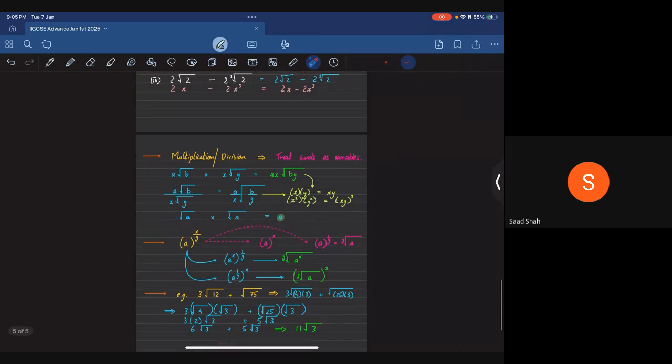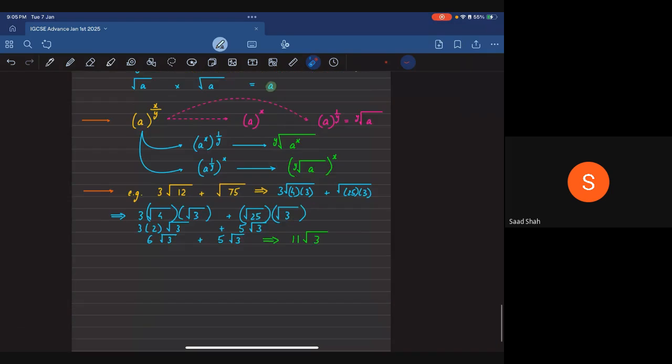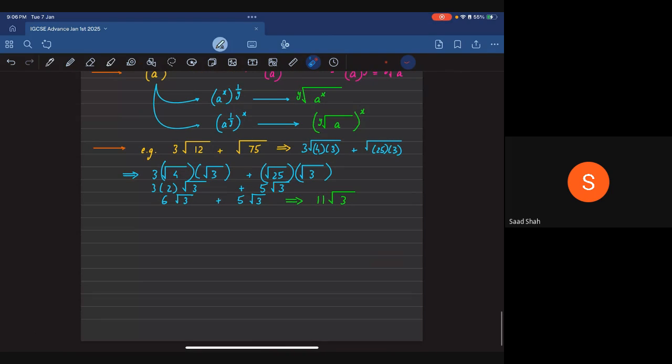The questions will require the calculator because one of your learning outcomes in the syllabus is the ability to use and handle the calculator.